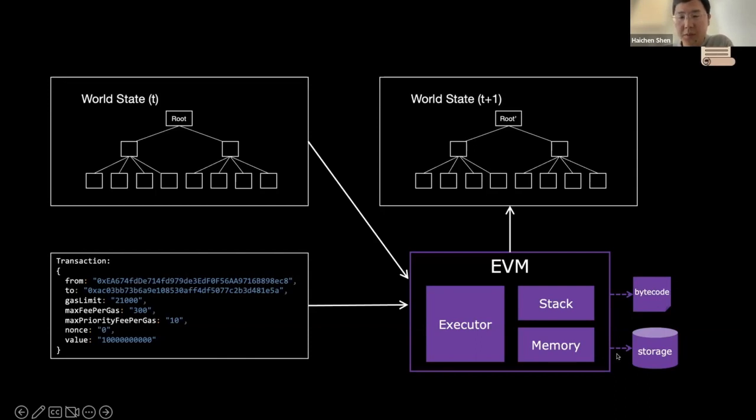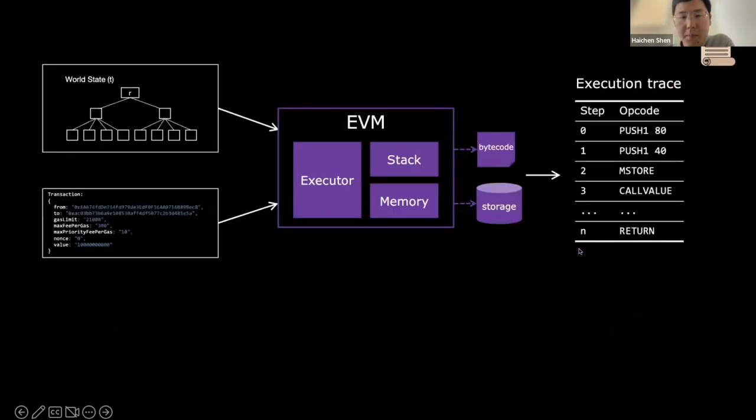Every time you want to write anything persistent, it also reflects some changes in this Merkle tree, modifying some paths and adding more nodes, and so forth. Looking into more detail, during execution you iterate through the bytecode defined inside the smart contract.